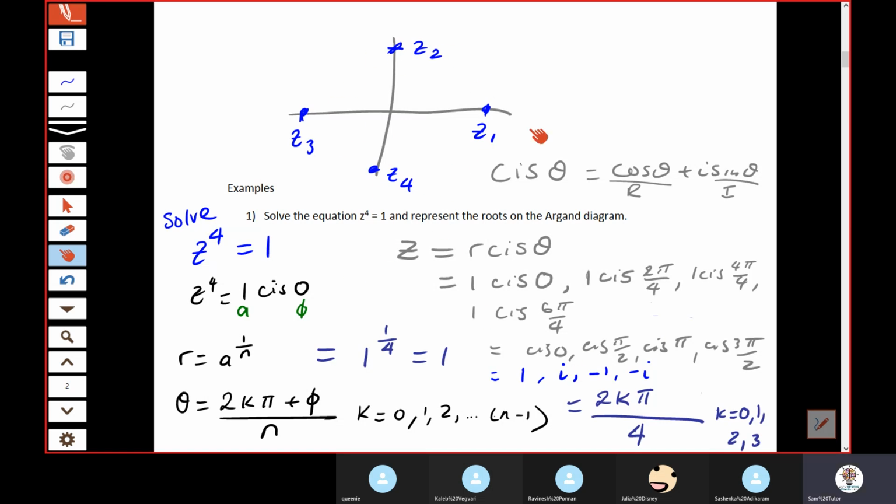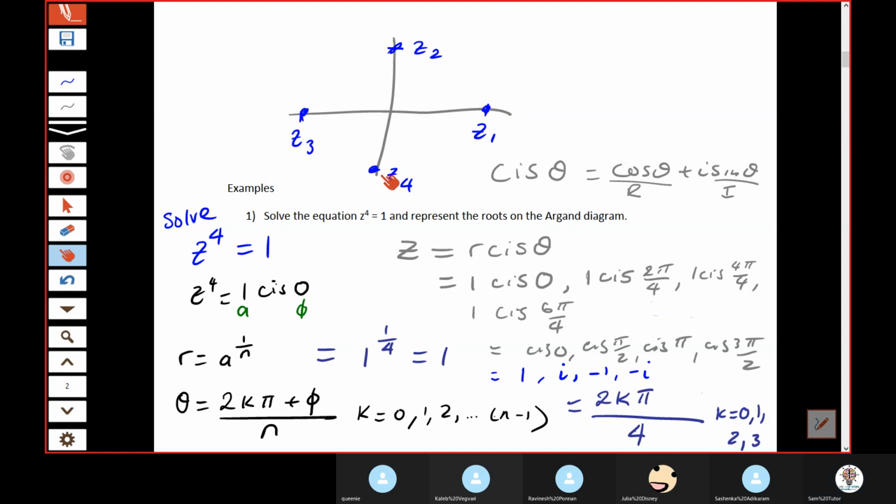Can you see how everything's linked together? It's all working out. Do we see that? Yes or no? Cis 0 hasn't gone up. Cis 90, because we moved to the left 90 degrees. There it is. Cis 180. There it is. Cis 270.